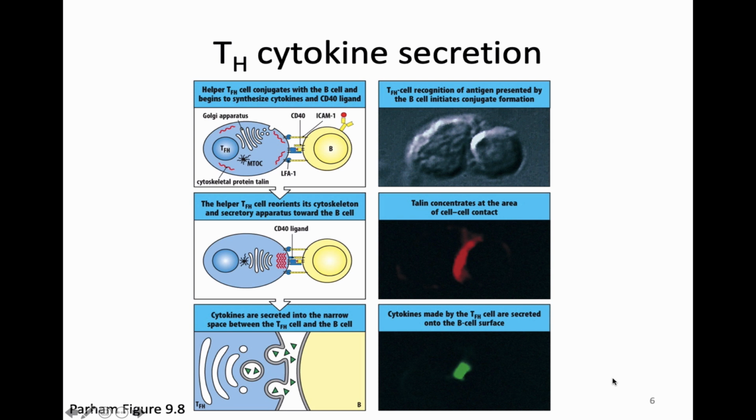We will have things like our adhesion molecules on either side of that region of secretion to sort of keep the cytokines in check. And this helping synapse, I don't know exactly what you would call it, is very similar to the cytotoxic synapse that we saw last time with the CTL.